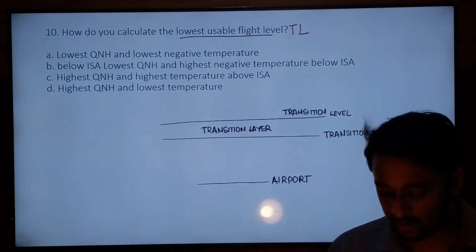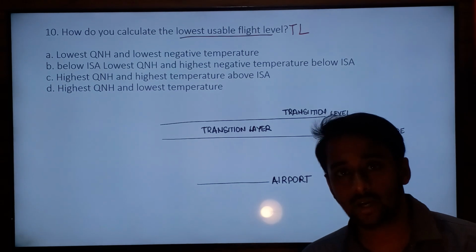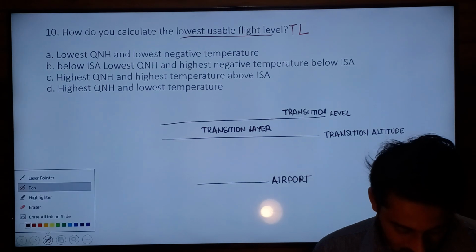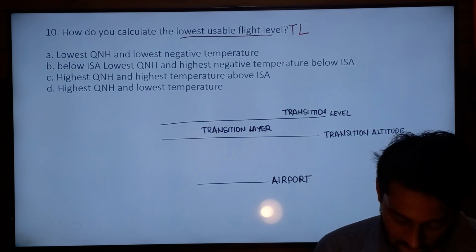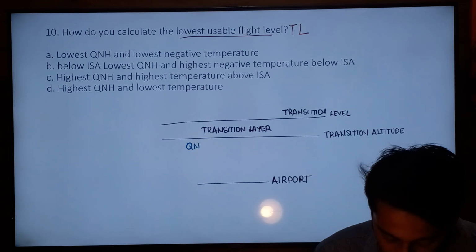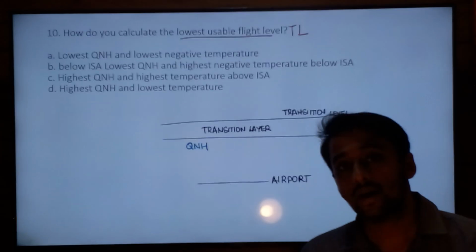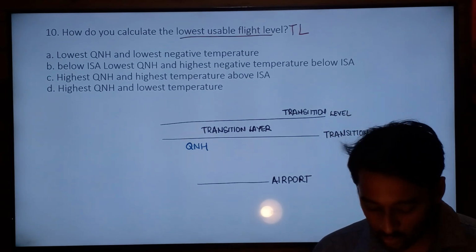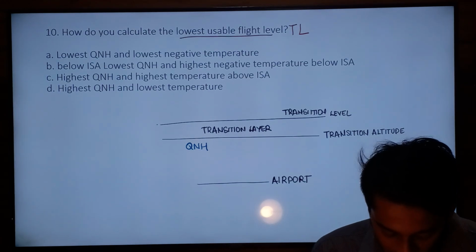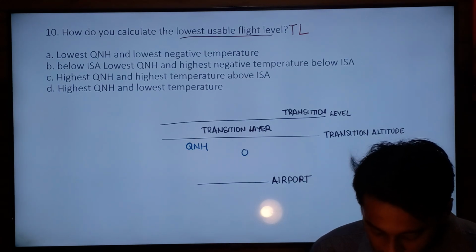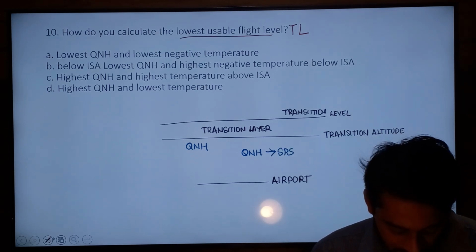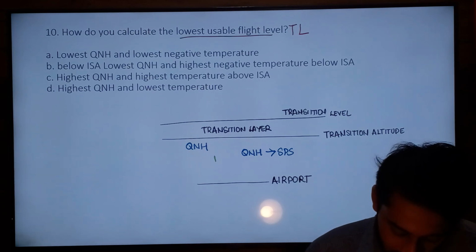The first flight level. Now at and below transition altitude, we set QNH in our altimeter setting window. At and above transition altitude, we change our altimeter setting from QNH to standard pressure setting when our aircraft is climbing.